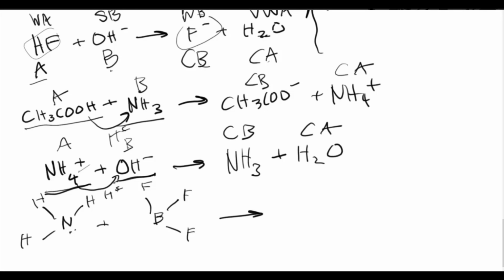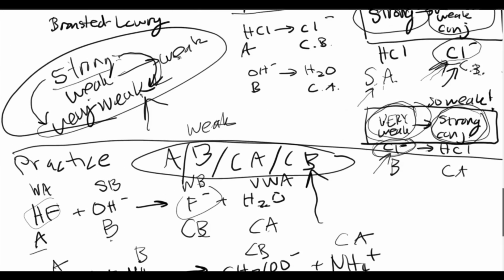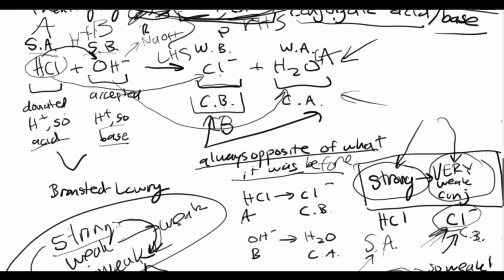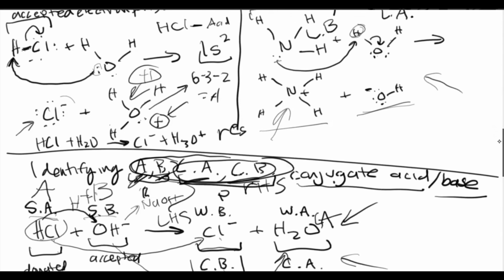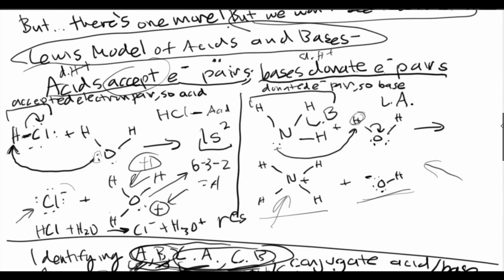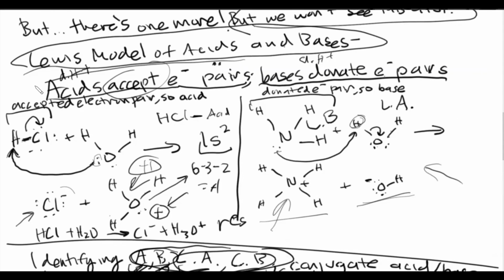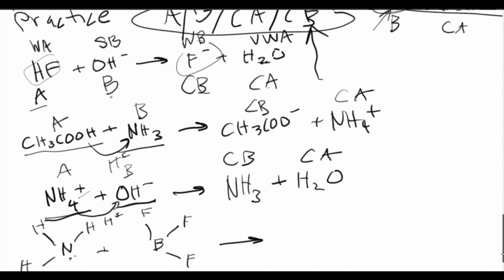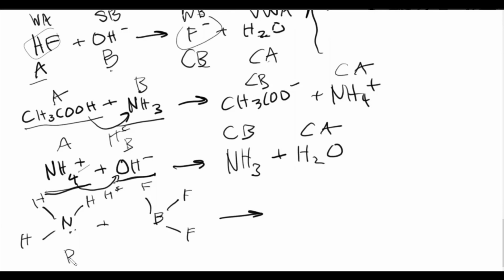Now this one's going to be pretty interesting. I'm just going to show you how it works. Since we're looking at Lewis structures, I am hinting at the fact that we will be looking at the Lewis model of acids and bases, which means that acids accept electron pairs and bases donate electron pairs. So in this case, NH3, we know it to be a base, a weak one in fact, and it's going to donate an electron pair, and it'll actually donate it to that boron.